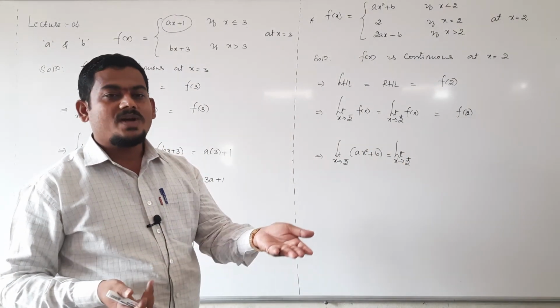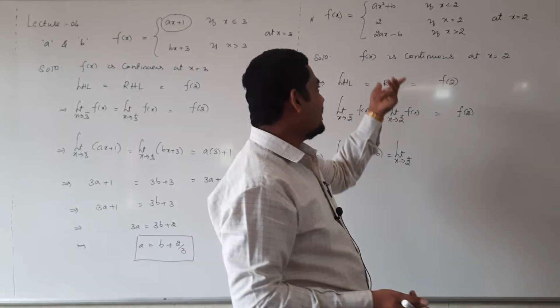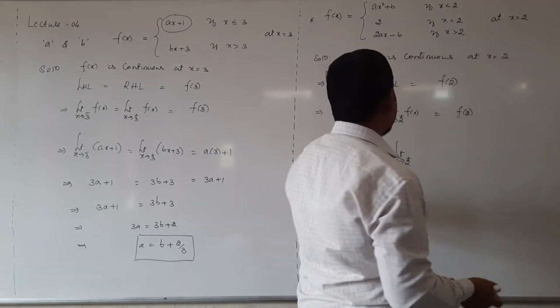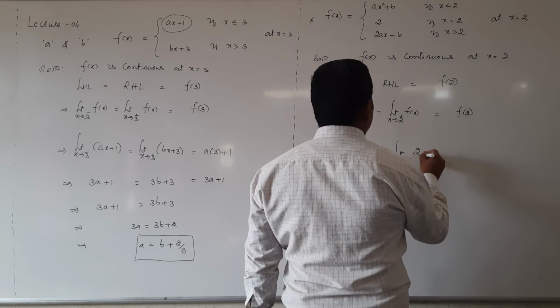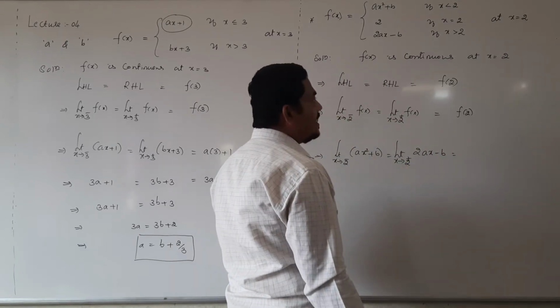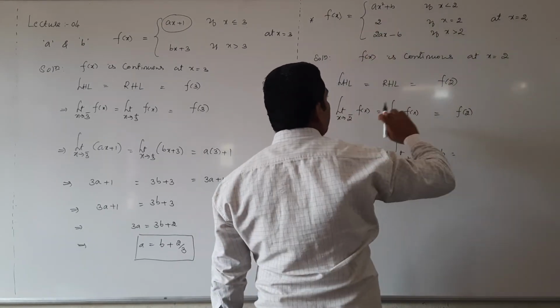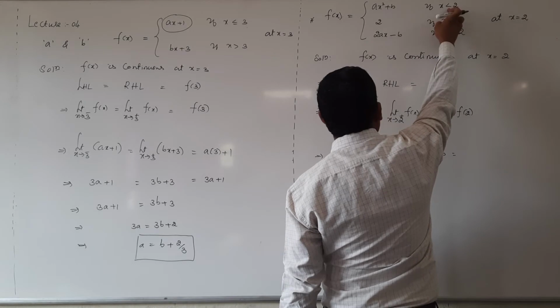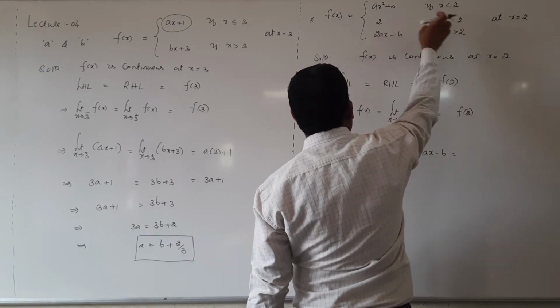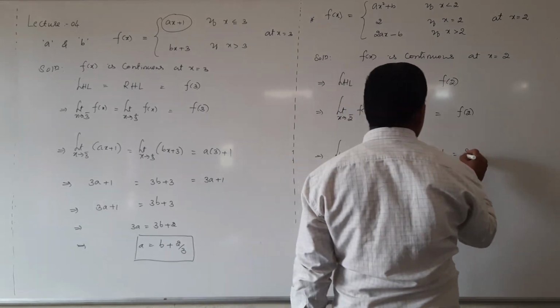Once x value more than 2, what is our f of x? More than 2 means function is 2ax minus b, that's equal to what is f of 2? F of 2 clearly they have given. In this case differently they have given less than 2 different function, greater than 2 different function and equal to 2 different function.